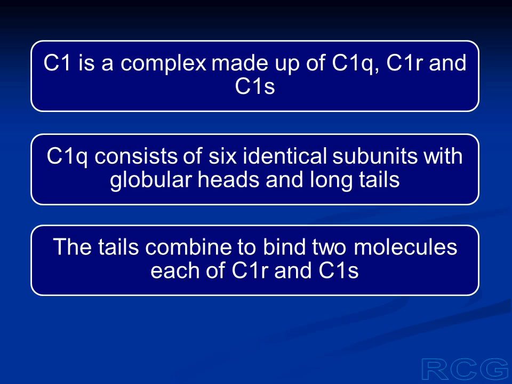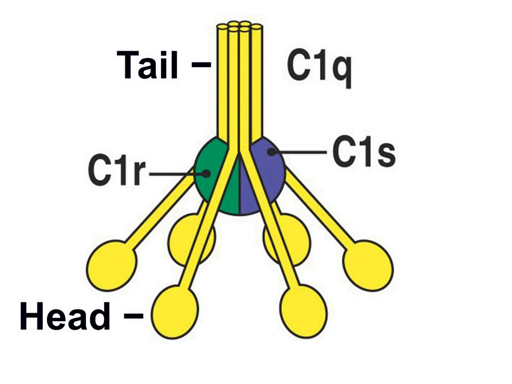So 6 subunits of C1Q, two subunits of C1R and two subunits of C1S constitute the C1 complex. This is the complex which is made up of C1Q, 6 polypeptide chains, C1R, 2 polypeptide chains, and C1S, 2 polypeptide chains.